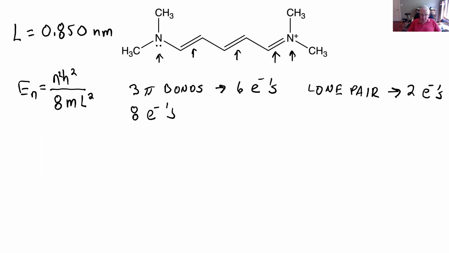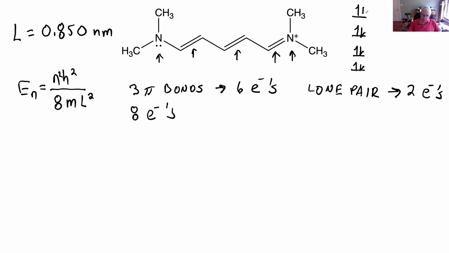My particle in a box energy levels are not degenerate, right? So they get further apart as we go up, right? So if I were to draw those, that would be my n equals 1, 2, 3, 4 energy levels, right? Those are going to function as my orbitals here. I'm putting 8 electrons into them. So I'm going to do what we always do when we put electrons in orbitals, and say I can put 2 electrons in each of my energy levels as long as they have opposite spins.